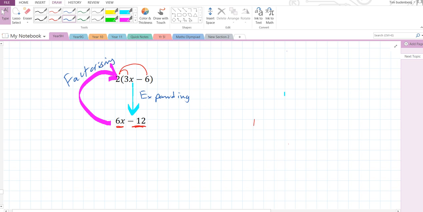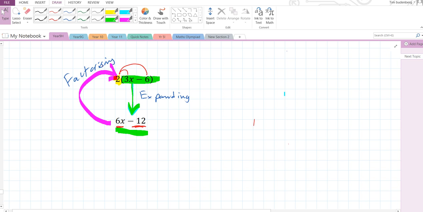It's called factorising because what we end up with is two things that multiply together to get us back to the original. Essentially, 2 and the term 3x minus 6 are factors of 6x minus 12.